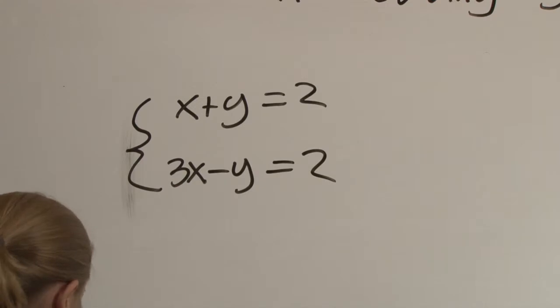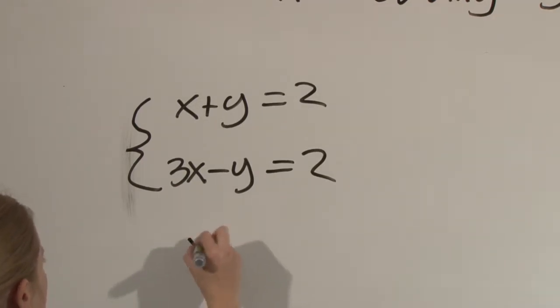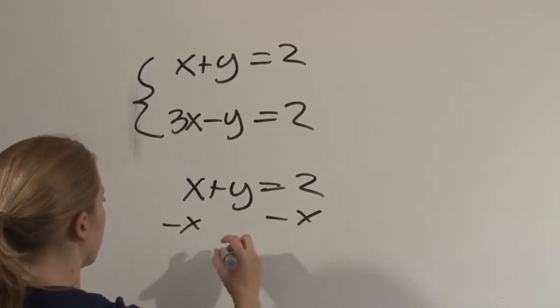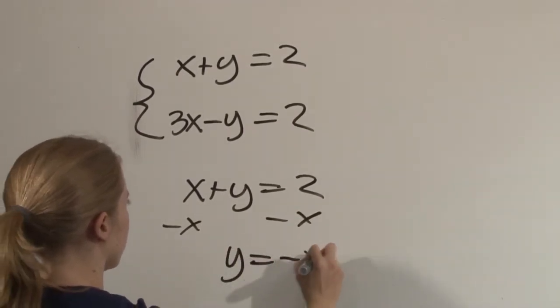So what I'm going to do is put both of those in slope-intercept form. So that's going to be y equals minus x plus 2.